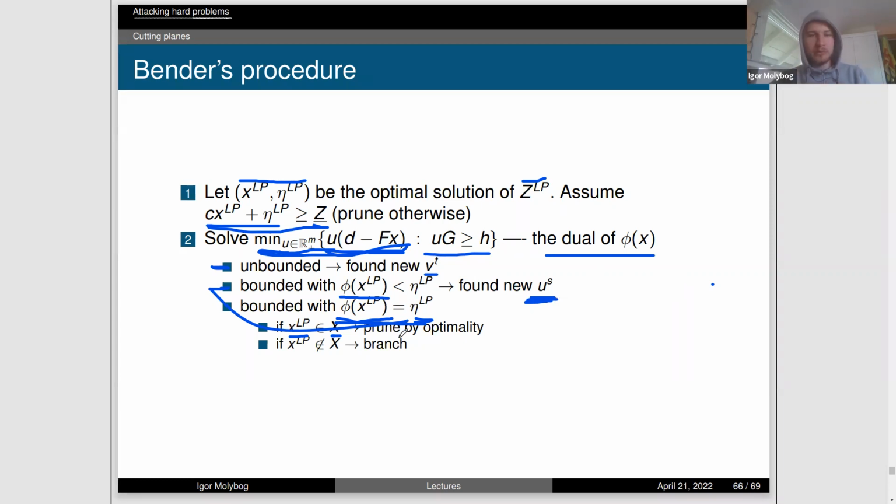And why do we have to branch if we have found out that phi of xLP is equal to eta LP? Why cannot we do something else? Why didn't we find a new extreme point in that case?